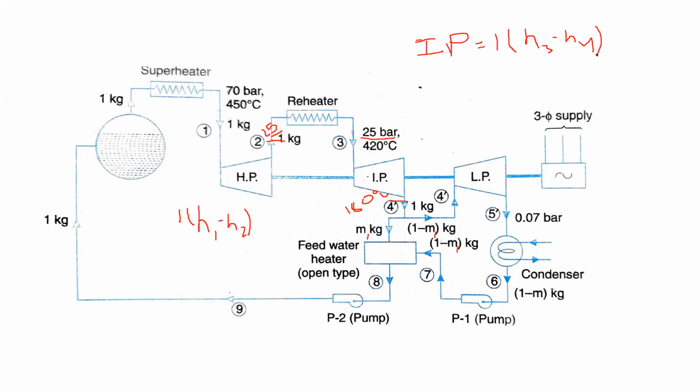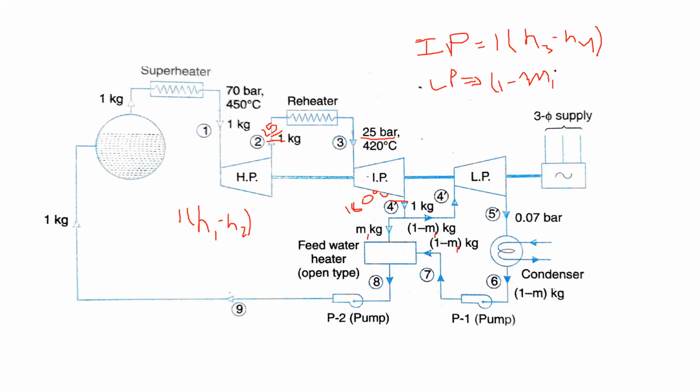Then the work done for the low pressure turbine is usually taken with a different mass from the other expansions. Here the mass is 1 minus m1. Why? Because at the fourth stage we are taking some amount of bleed out of the turbine.